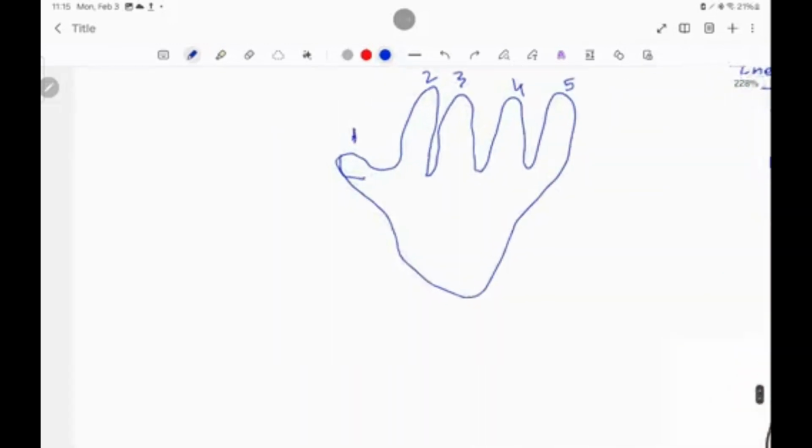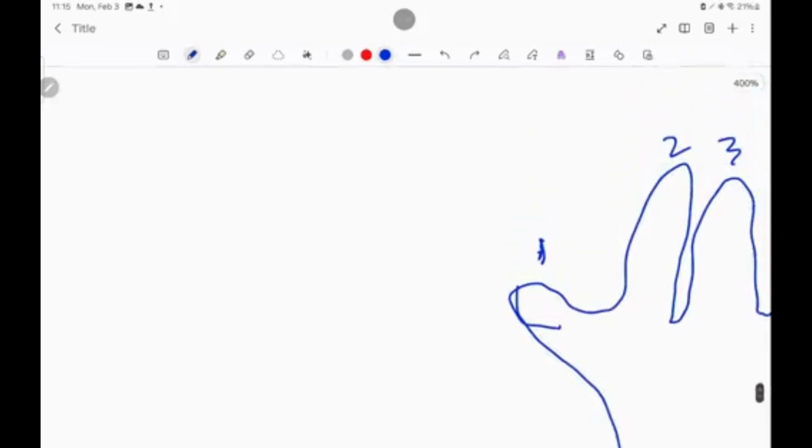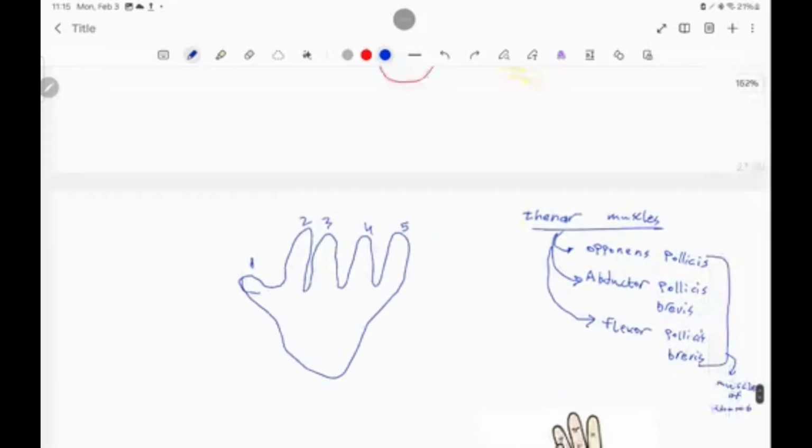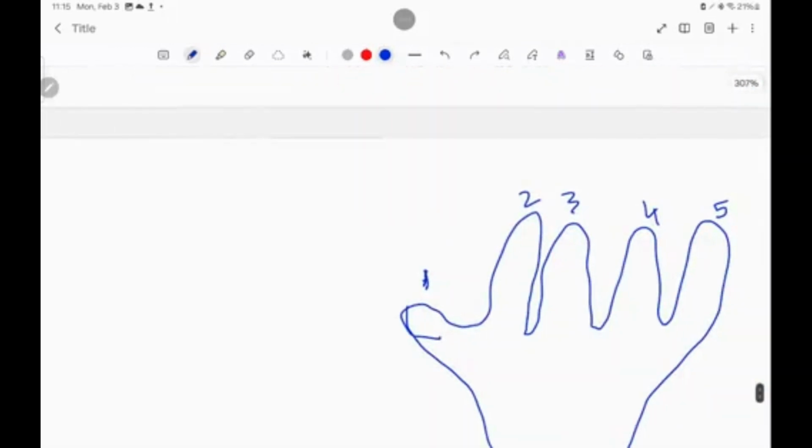Let's give a general rule, which is almost always correct.